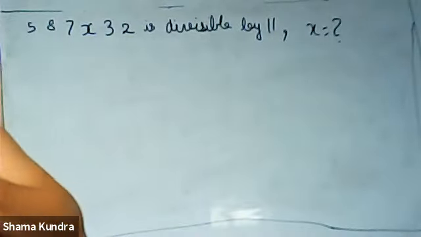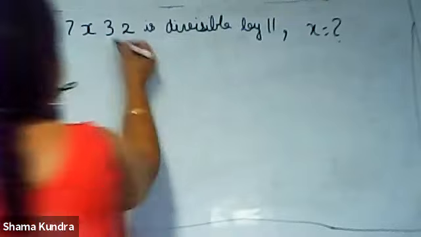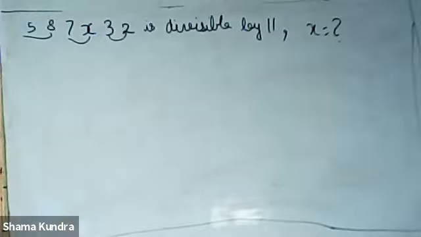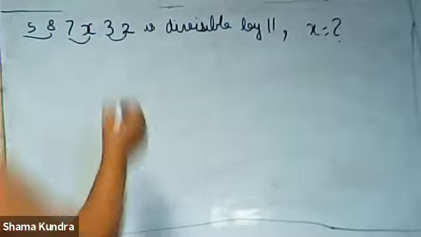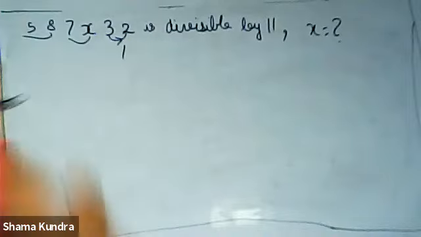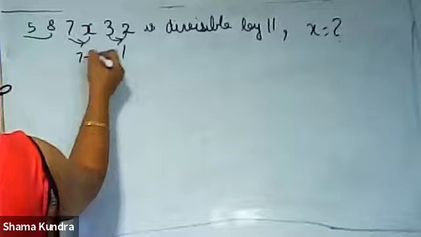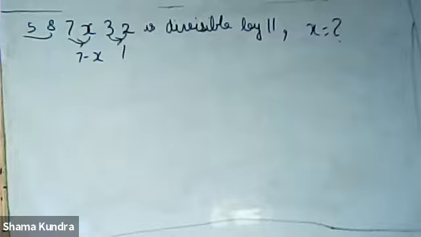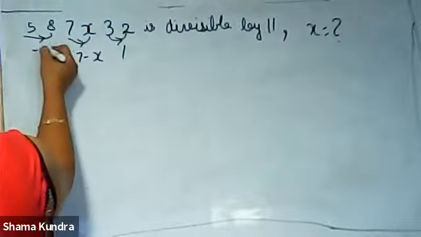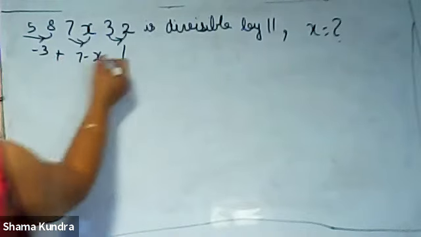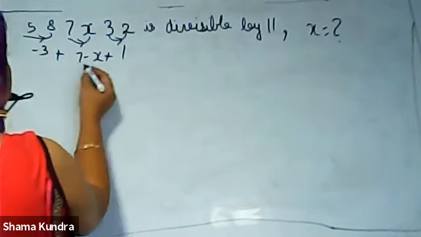Simply take two pairs from right hand side, and next step is take their difference. 3 minus 2 is 1. Here you get 7 minus x. In variable case, you can take negative sign. 5 minus 8. It is minus 3. Next step is add these three numbers.